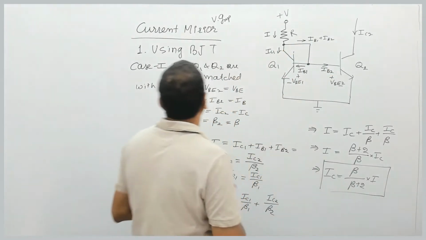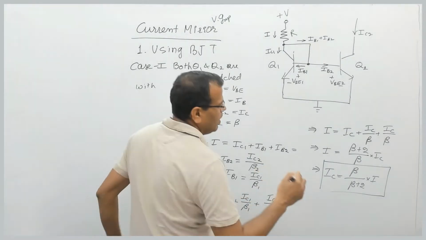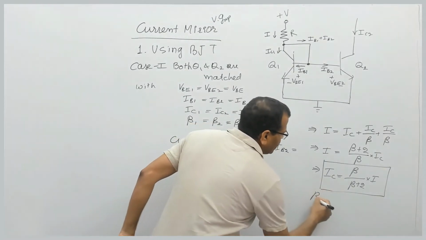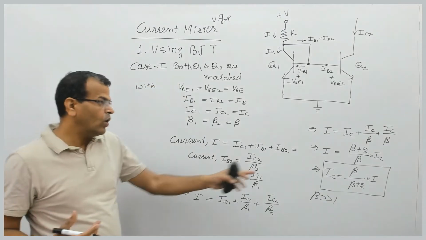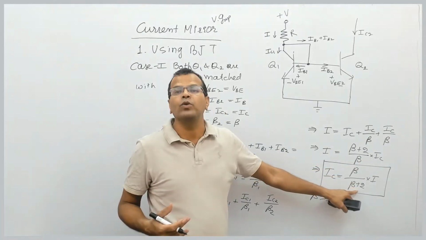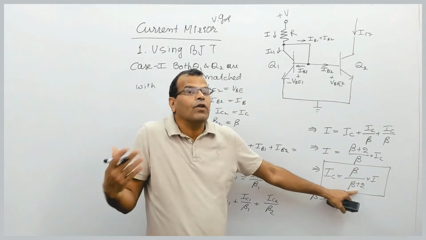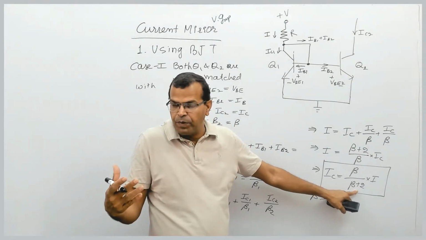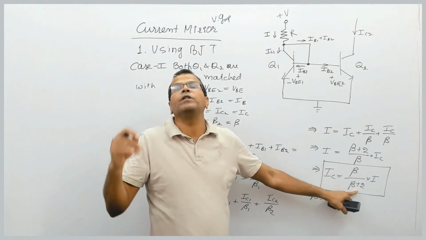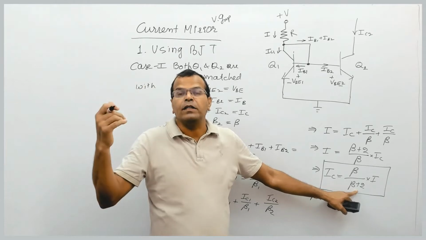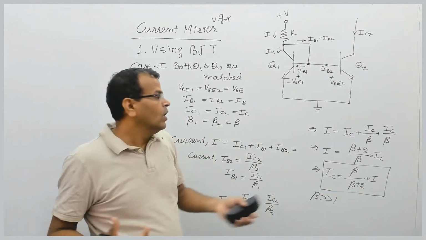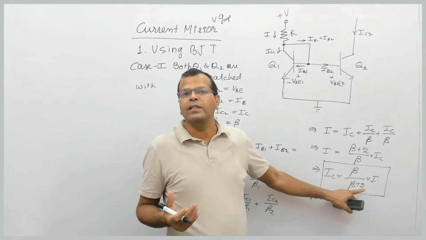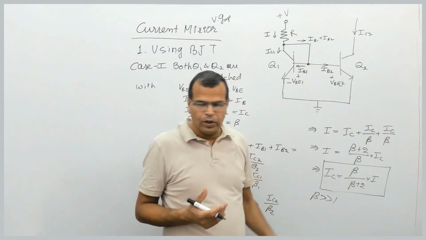Now, the important point here is beta is much greater than unity. It's of the order of 100. So 100 divided by 102, or you can say beta is of the order of 98, maybe 99, or maybe 99.8, something like that. Fine, approximately 100. So 100 is very large in comparison to this 2.